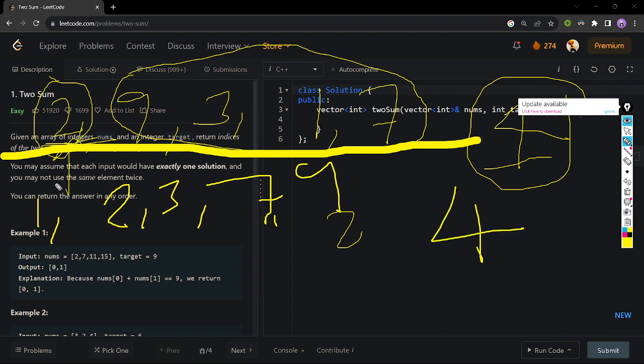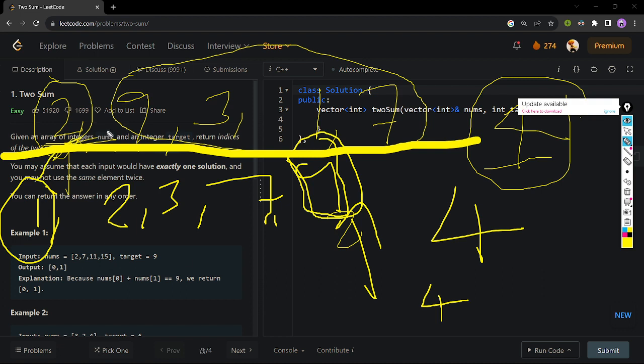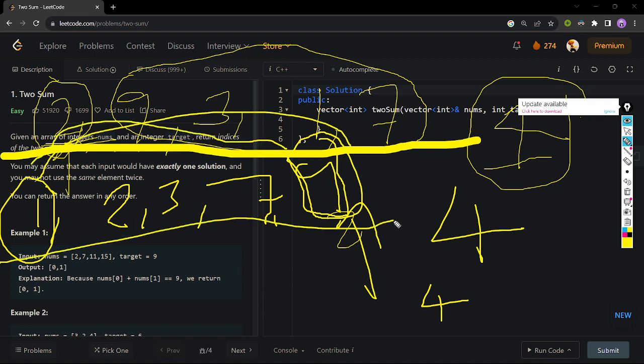So suppose firstly I will take this number and this number as the maximum, as our final answer. If this sum is our answer, then that means I found the two.